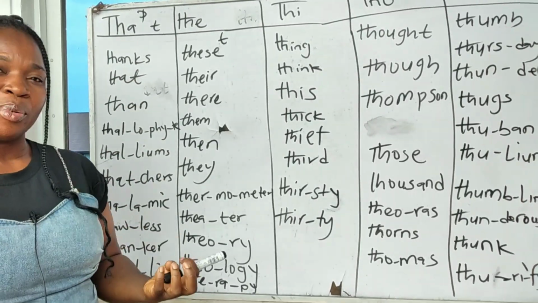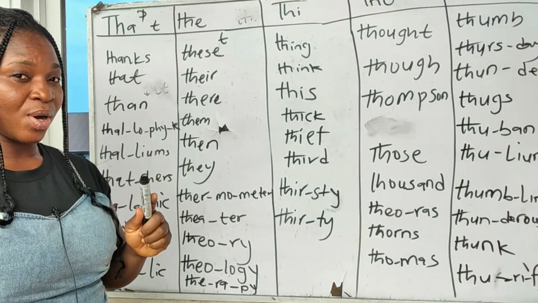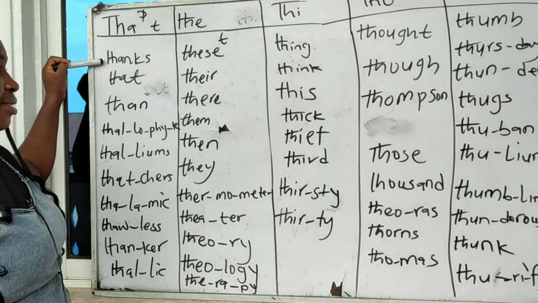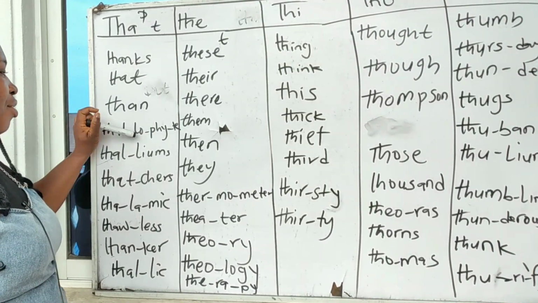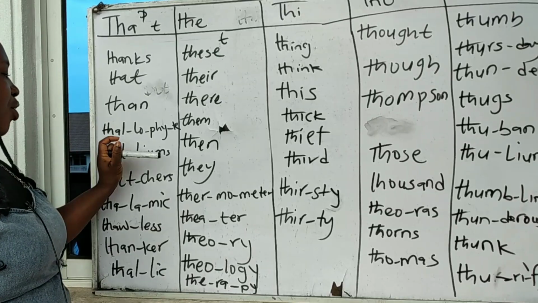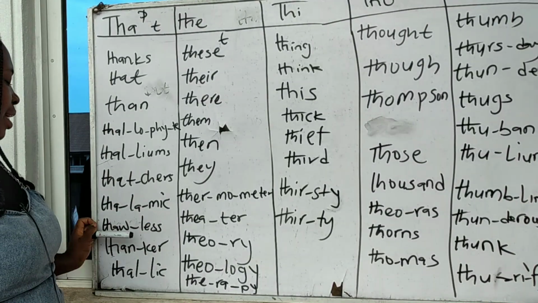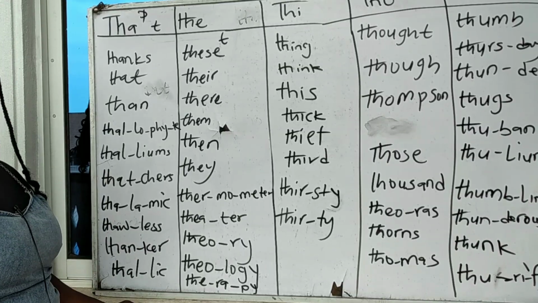So if you try pronouncing it with the D sound and it's not the right one, use T. That is it. So I have thanks, that, and other words like thalliums, tachas, and talik.